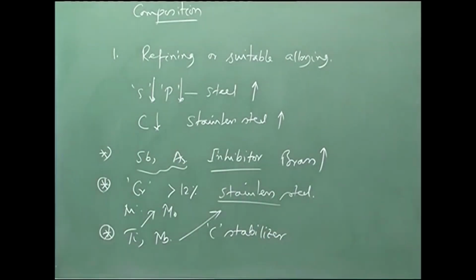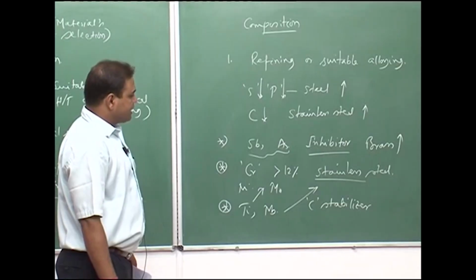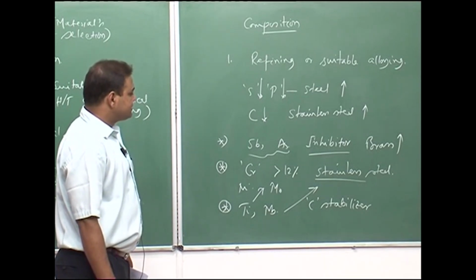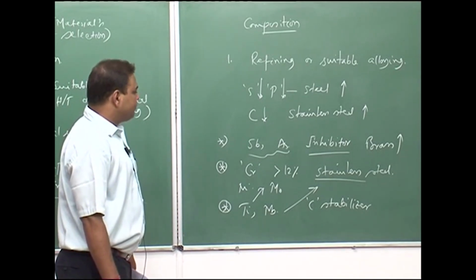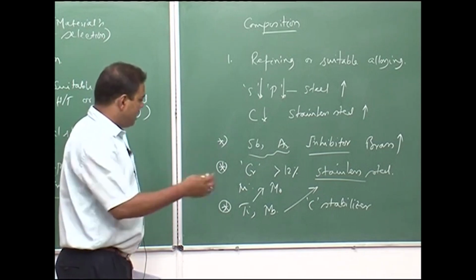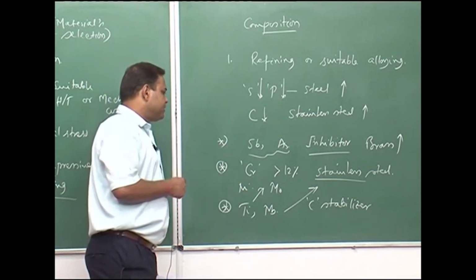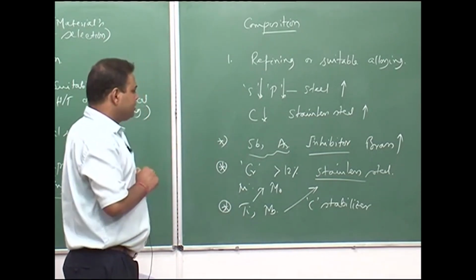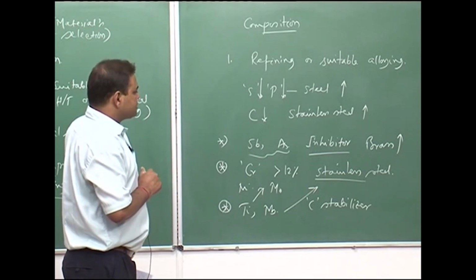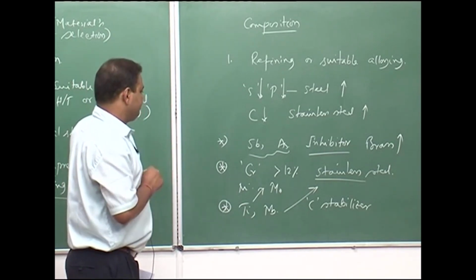Once we add this carbon stabilizer in stainless steel, as we have already observed, they will form carbide preferentially, and so the chromium carbide precipitation along the grain boundary in case of austenitic stainless steel would not be possible.